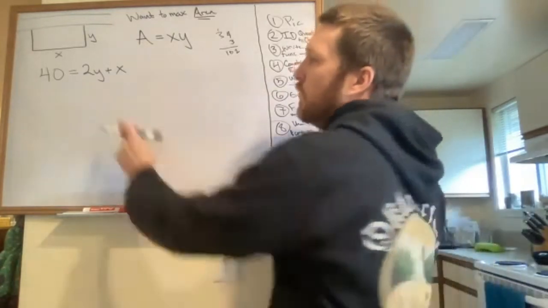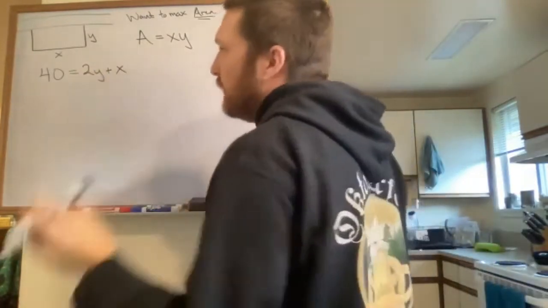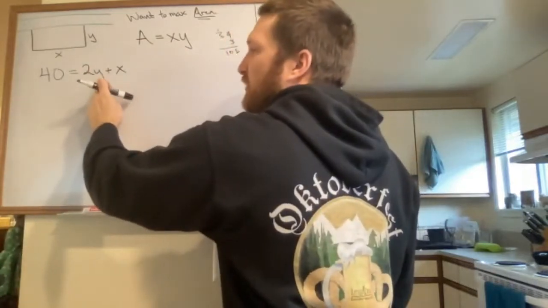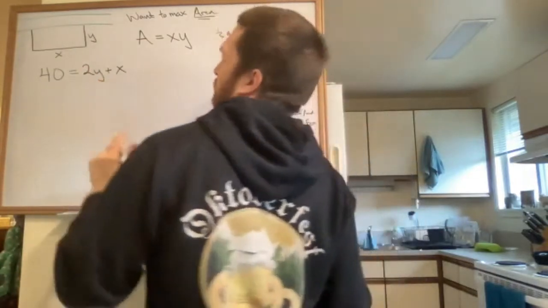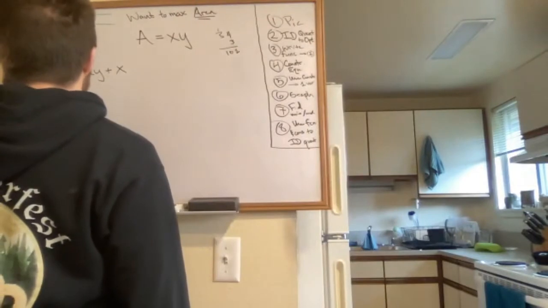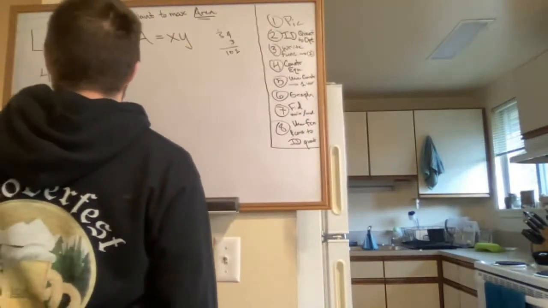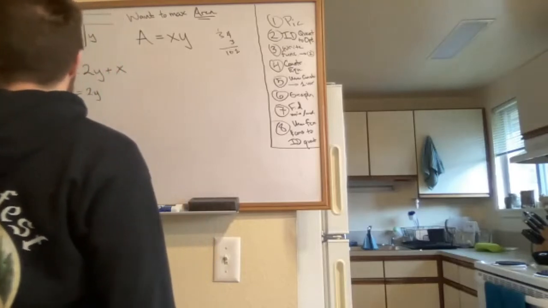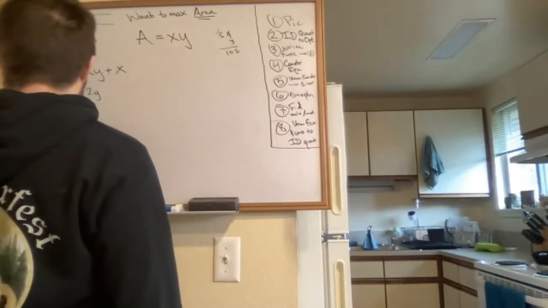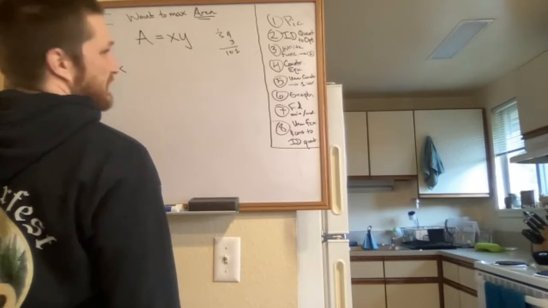So I'm going to do this. You do it on your paper. Solve this equation for y and tell me what you get. And this is step 5, yes? Yes, this is step 5.